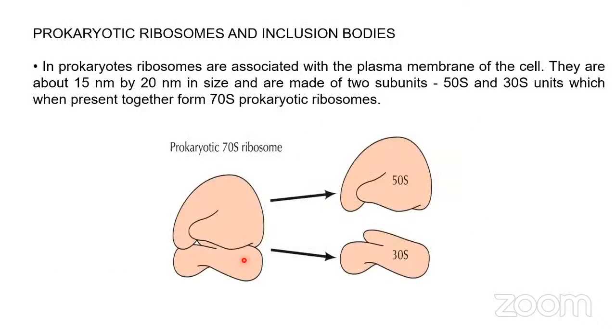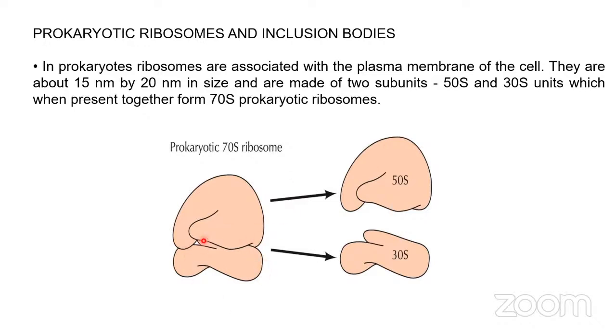The next is the prokaryotic ribosomes and the inclusion bodies. As I mentioned, ribosomes are present in prokaryotes and also in eukaryotes, but the composition and the subunits of the ribosomes differ. In prokaryotes, ribosomes are associated with the plasma membrane of the cell, and they are about 15 to 20 nanometers in size.